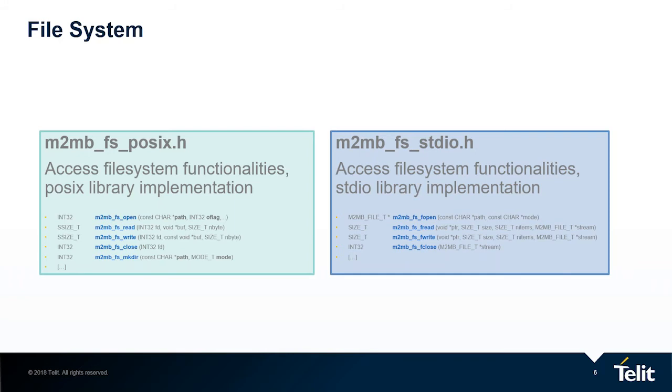We have the POSIX implementation with all the APIs to access, open and read files, create directories, and so on. And the same implementation also in the SDIO flavor. So you can select, depending on the type of application you want to build, or if you want to port an existing library which already has one of the two flavors, you can select one of them.